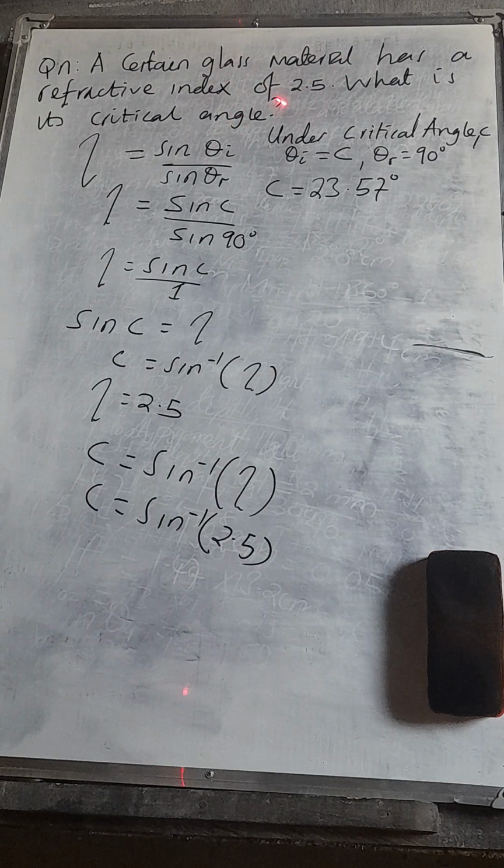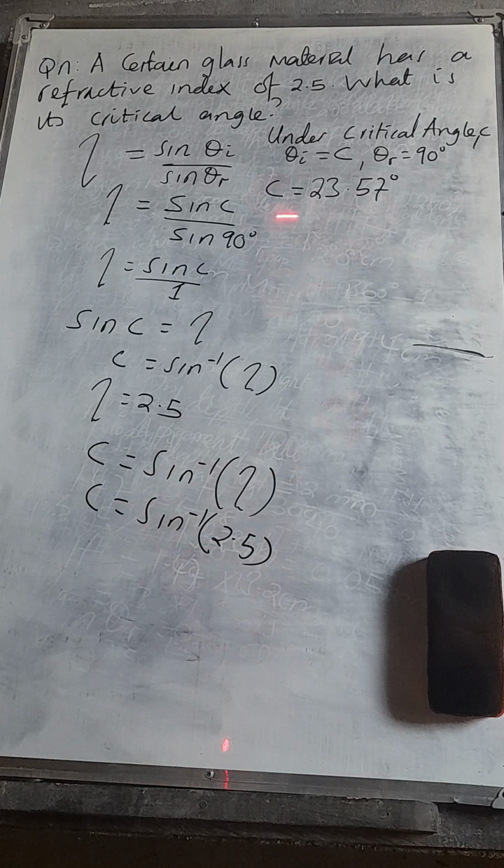So we may see in our solution now, if you want to list the data, solution data given, refractive index is equal to 2.5. So critical angle is equal to sin inverse of refractive index. So critical angle is equal to sin inverse of 2.5.